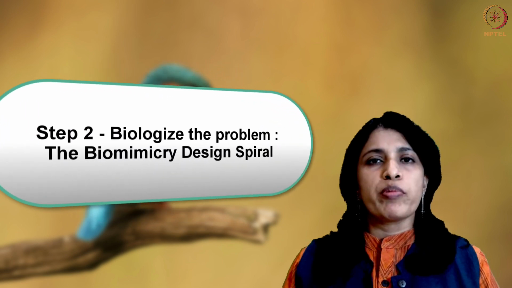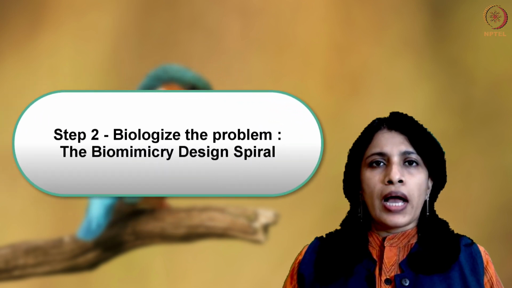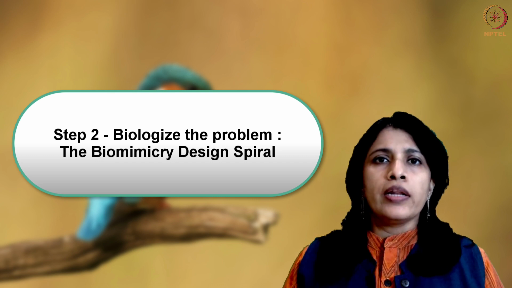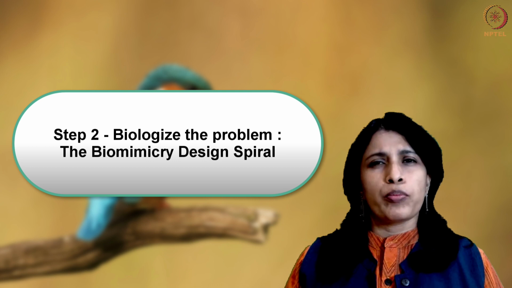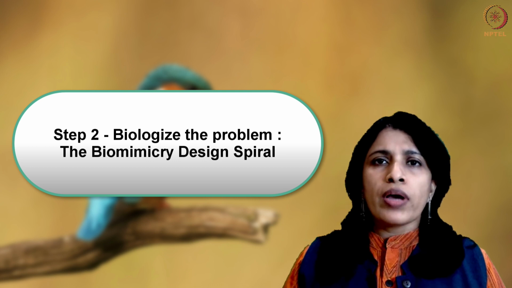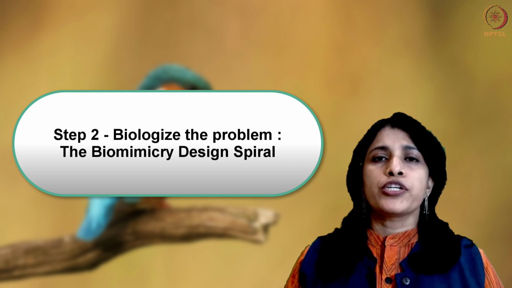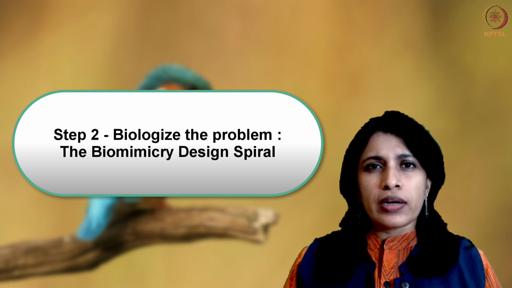So you've looked at the define step, which is the first step of the biomimicry process, the biomimicry design spiral. And you've seen that function plays a very critical role in being able to define your problem statement. You look at what is it that your solution needs to do, and you use function as the basis for doing that.